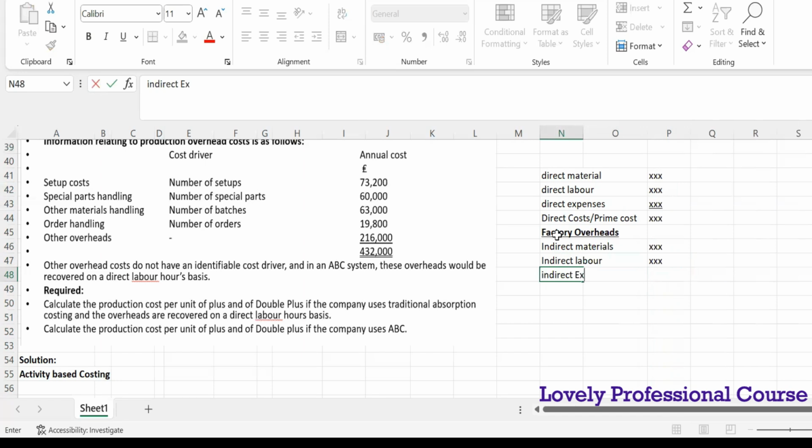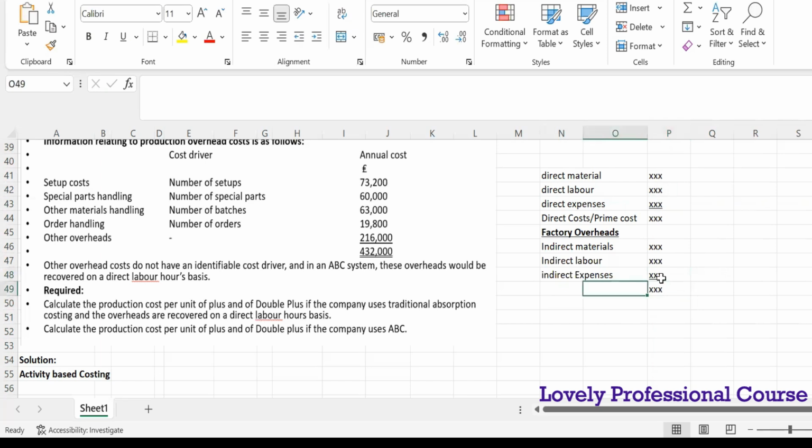If you add them, this is our factory overheads, which we may call total overheads.